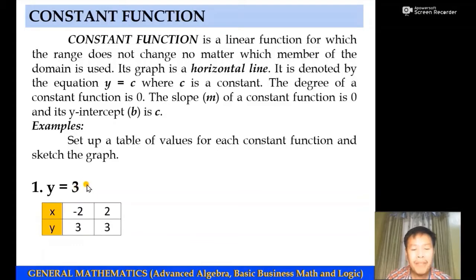That is why if our x is 100, 100 raised to 0 is equal to 1. 1 times 3 is equal to 3. That is the meaning of constant function. Any number assigned to x, the value of y remains constant.